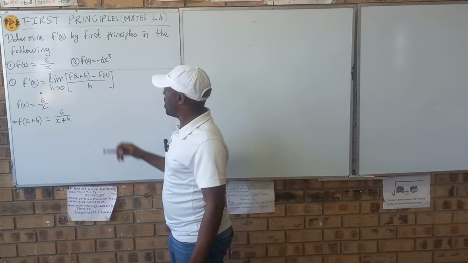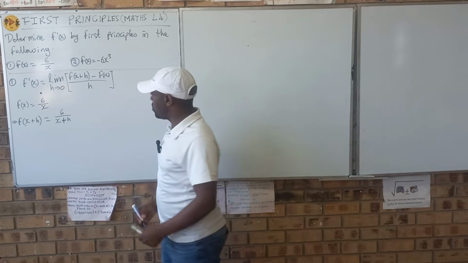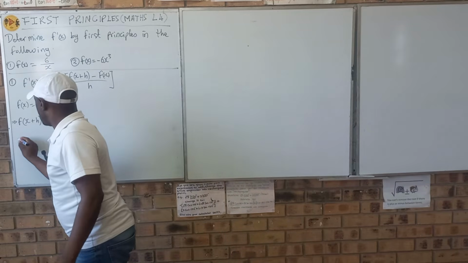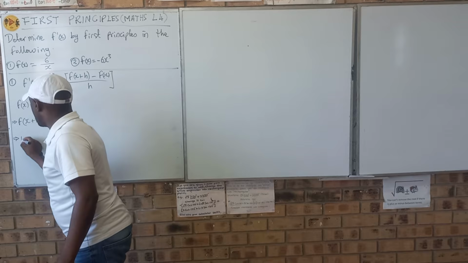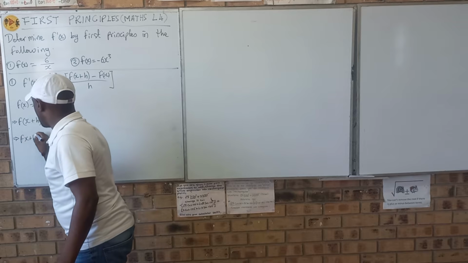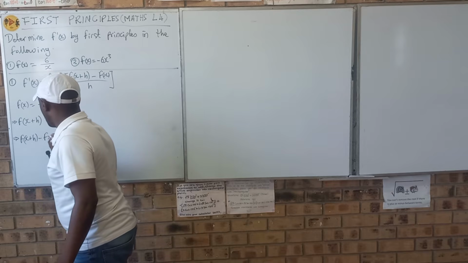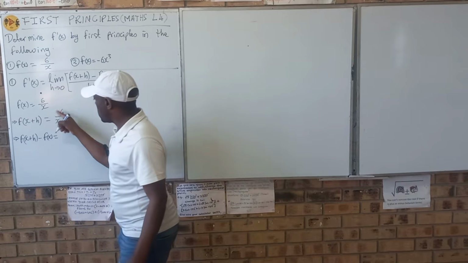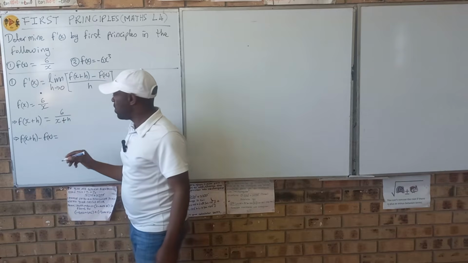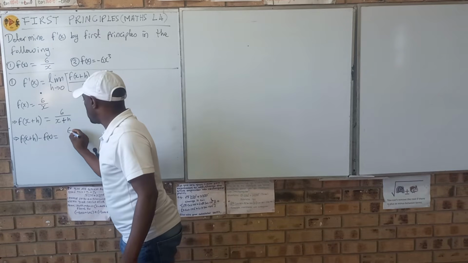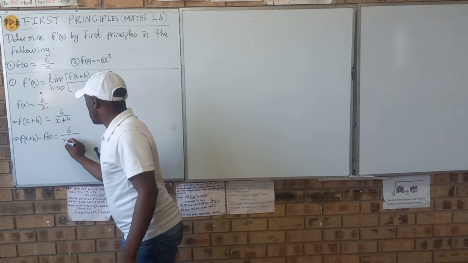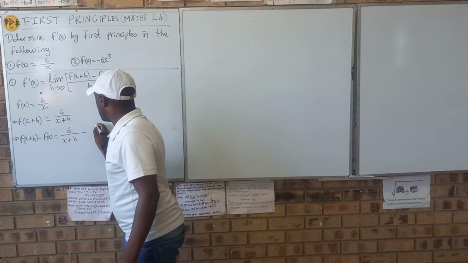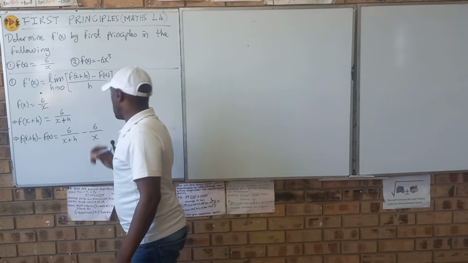And once I get my answer, then I bring it into the formula. So this is what the subtraction part requires from us. I'm supposed to take f of x plus h minus f of x. That means I'm taking this fraction minus the other. So my first fraction is 6 on x plus h minus 6 on x.